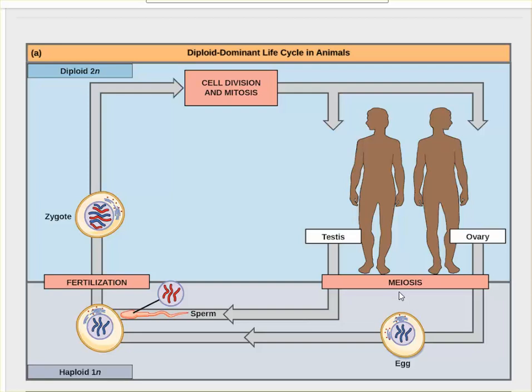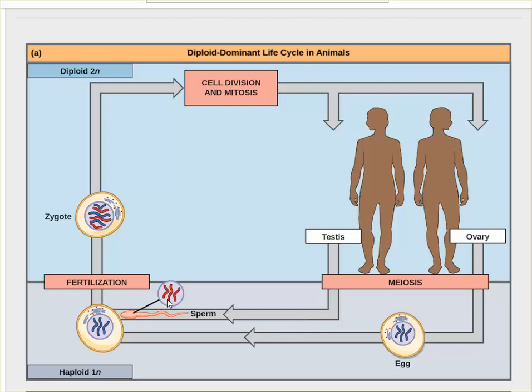This is a reduction division that takes our diploid cells from our bodies that have two copies of each chromosome and just grabs one of each homologous pair. So these gametes just have 23 chromosomes, one from each pair. They're showing us just 3 here to simplify it, but these are haploid cells. They just have one copy of each.